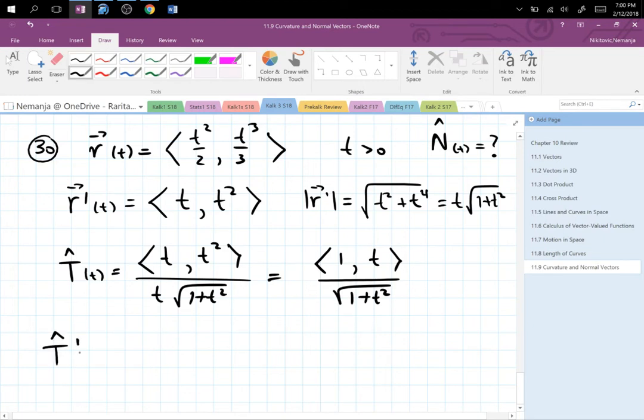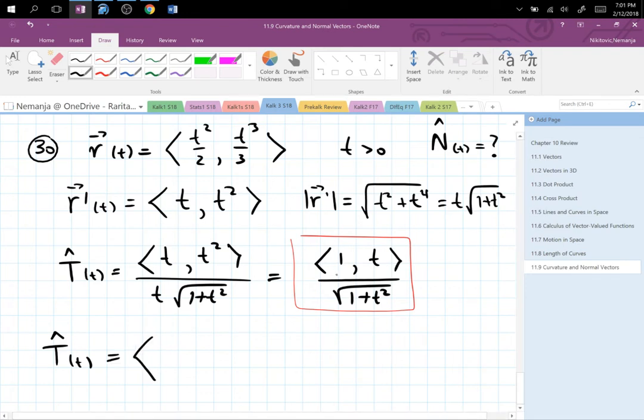So we have t prime. If I was to have the t hat, I'd leave it here. I'm just going to box this as the t hat answer, because the book did ask about the t hat. But now I'm going to rewrite it so it's easier to take the derivative.